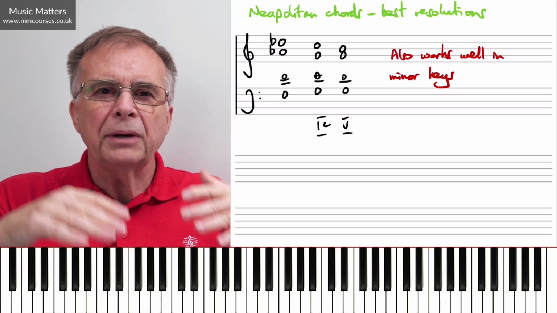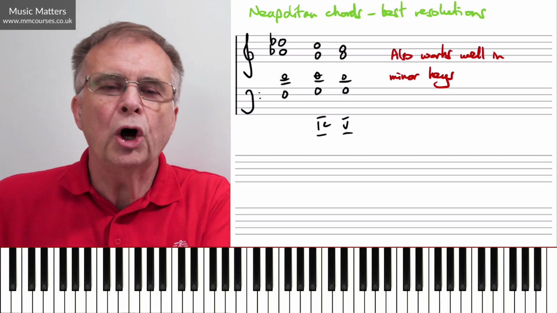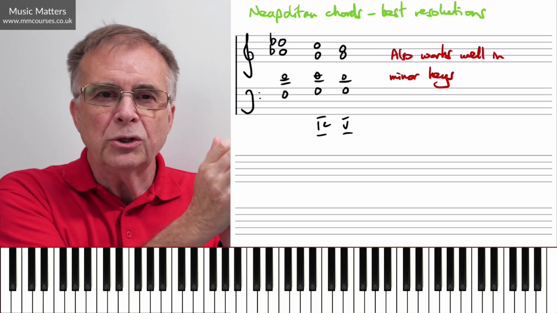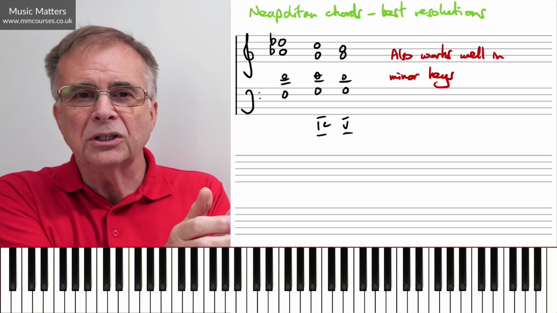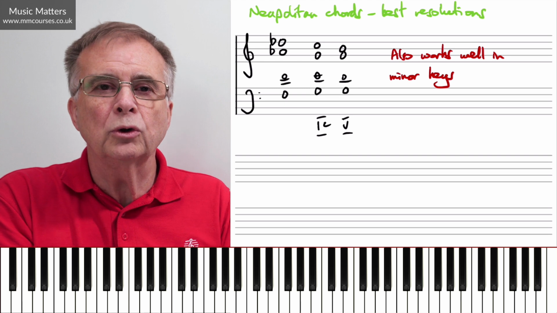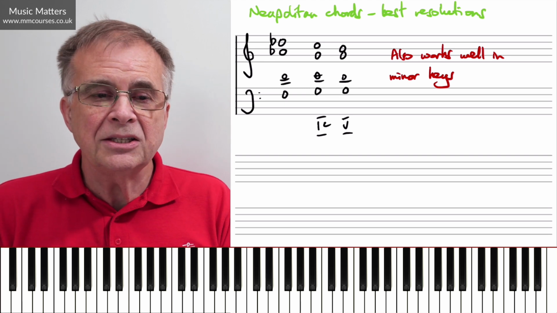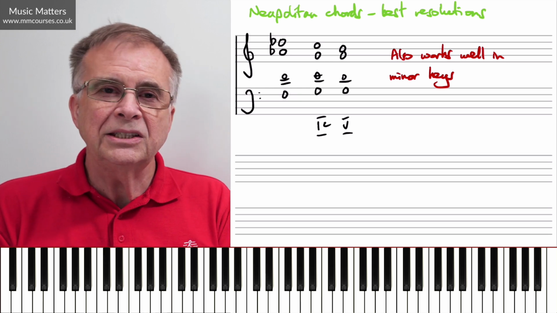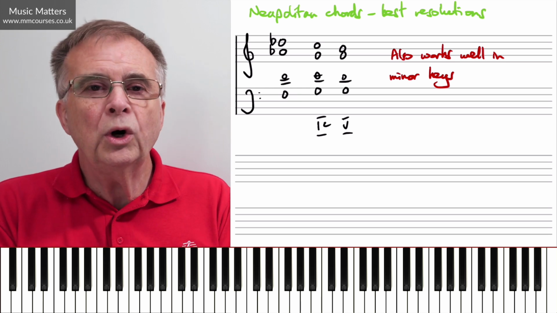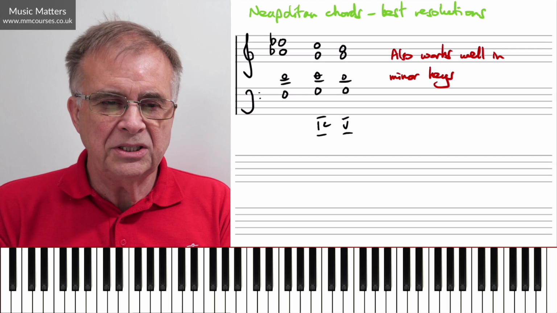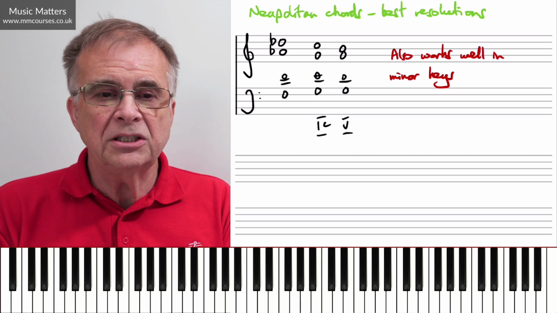But if you're thinking about conventional diatonic behaviour in which you're using the Neapolitan chord as a chromatic chord in the context of a piece of music that's staying in the same key, well, this is where you are with it. And this is why you're somewhat limited. Now, don't see that as a disadvantage.